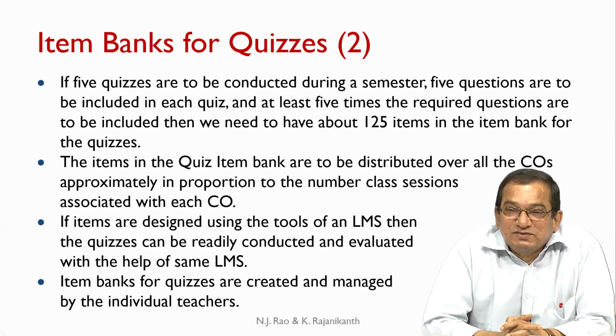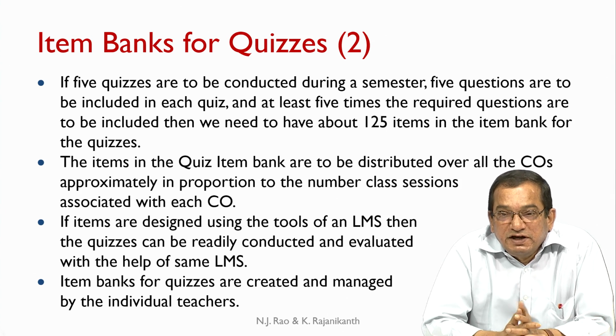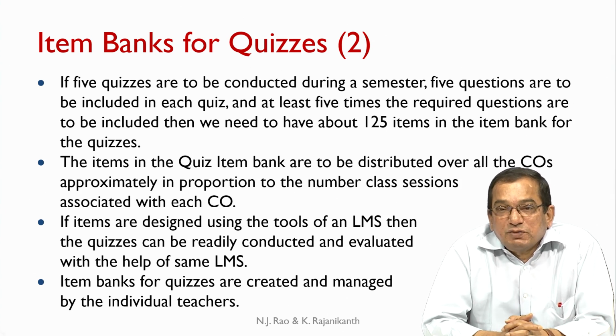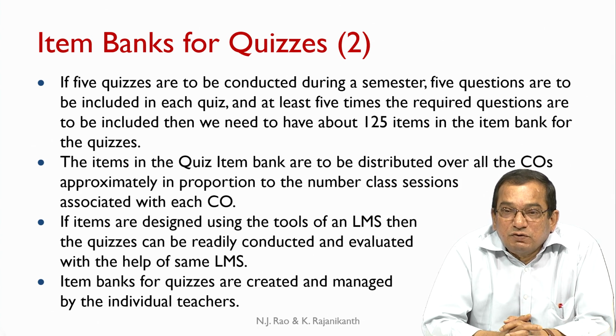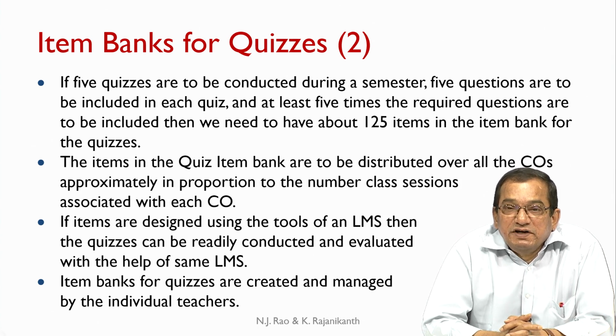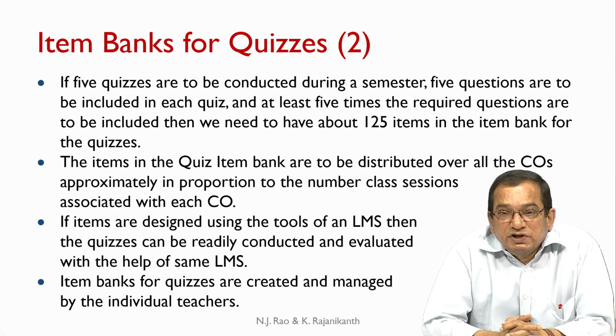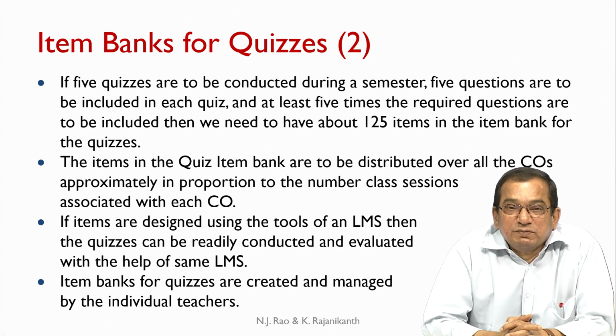It can be 4 times, it can be 6 times, and if there is a group of faculty teaching the same course, we might be able to create an item bank in which the number of items is 10 times the required number. All kinds of variations are possible, but in order to make the discussion specific, let us assume that we will create an initial item bank in which the number of items is 5 times the required number of items.